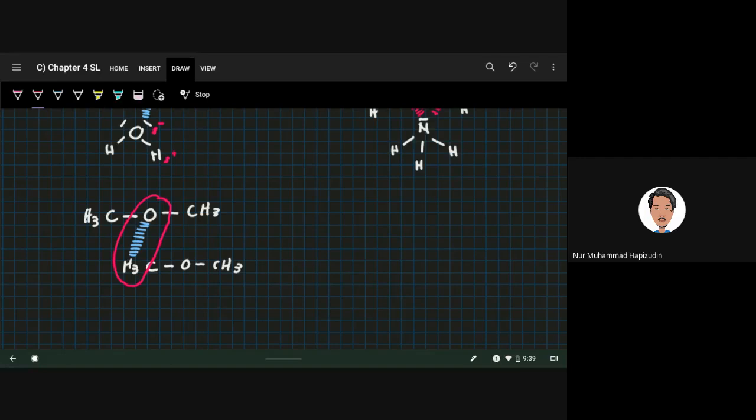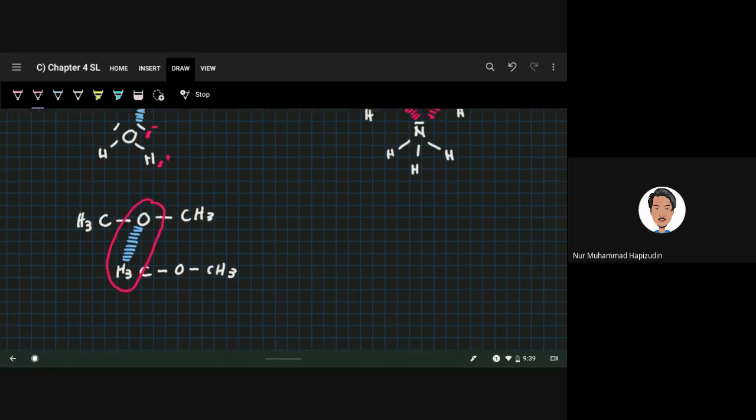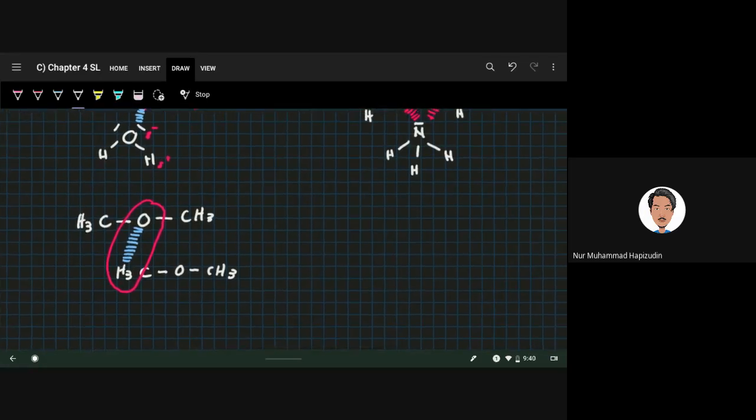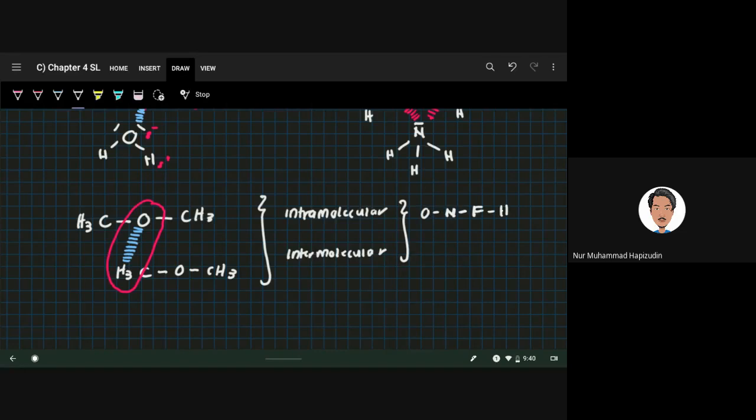Why is it not a hydrogen bond? In hydrogen bond, make sure of the intermolecular force, intramolecular and intermolecular. It is between oxygen, nitrogen, fluorine, and hydrogen.